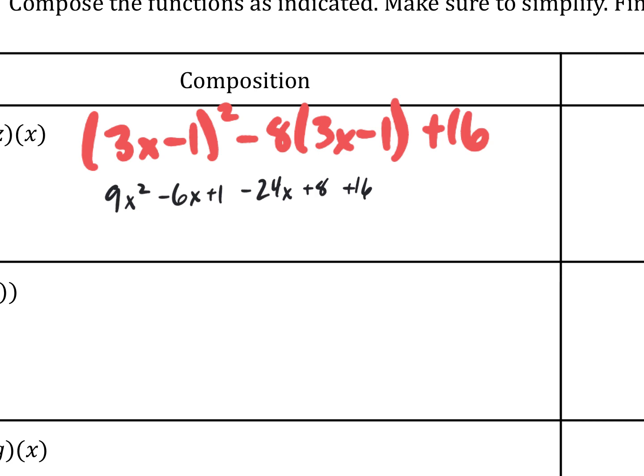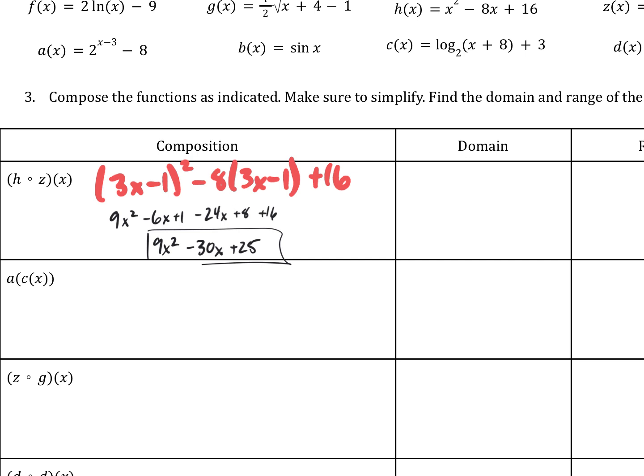I foiled. Make sure you're remembering your b terms when you're foiling out. Then we just have to combine like terms, so we get 9x squared. Negative 6x minus 24x is minus 30x. 1 plus 8 is 9, plus another 16 is 25. So there's our new function.